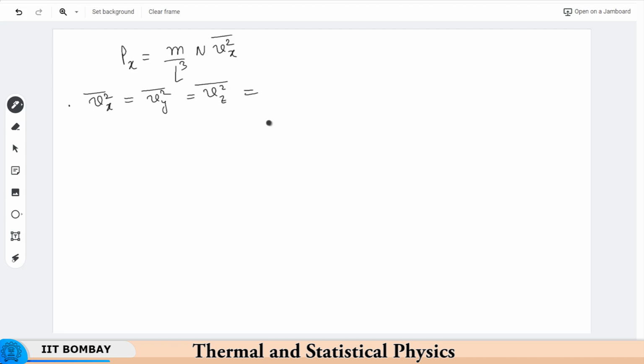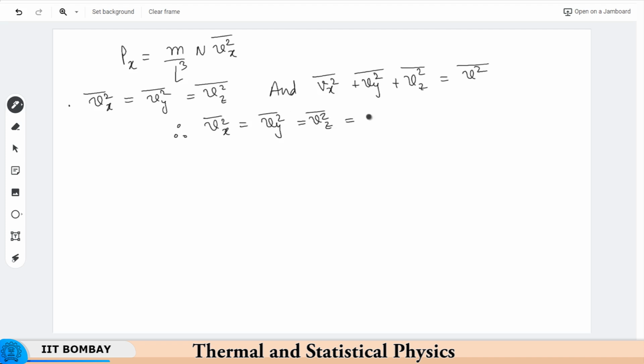And also we already know the average of vx squared plus the average of vy squared plus the average of vz squared is nothing but the average of v squared, right. So since all these quantities are the same, from these two equations we can see that the average of vx squared, equal to the average of vy squared, equal to the average of vz squared, is nothing but the average of v squared divided by 3, right.